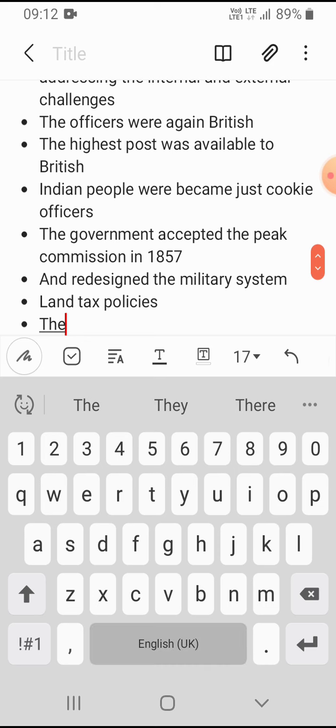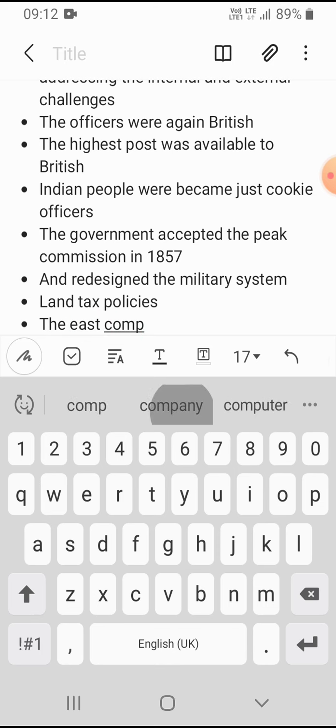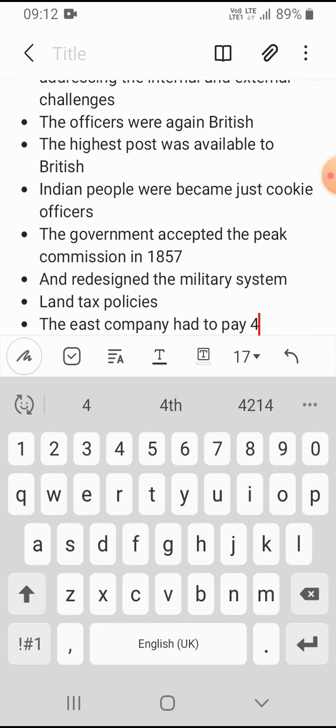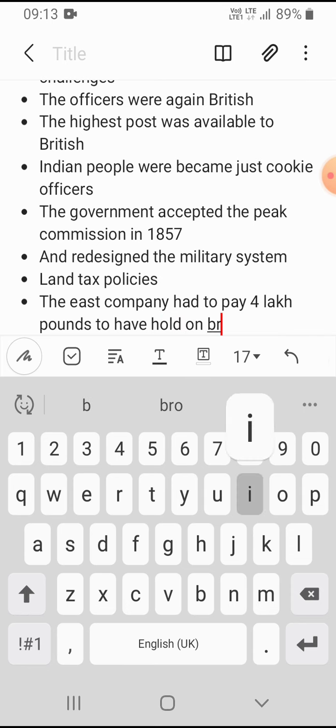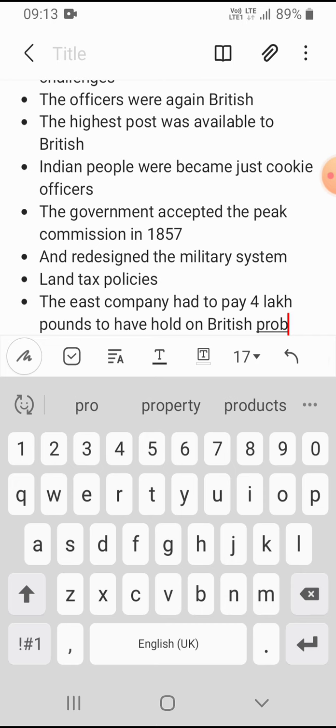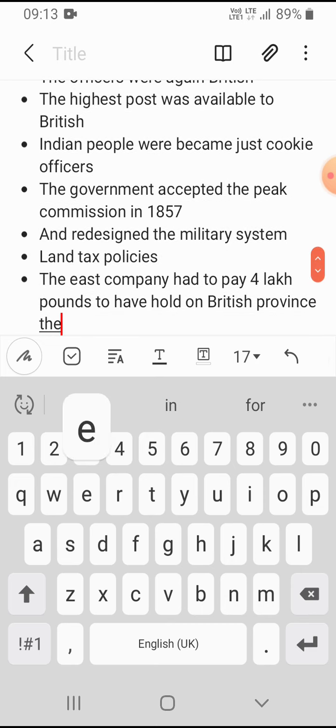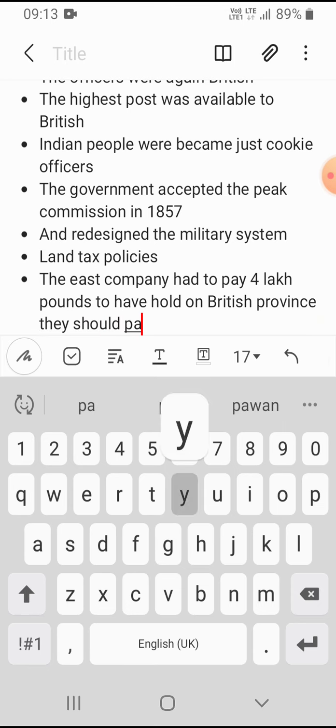The East India Company had to pay 4 lakh pounds to hold on to the British province, and they should pay it to the British company.